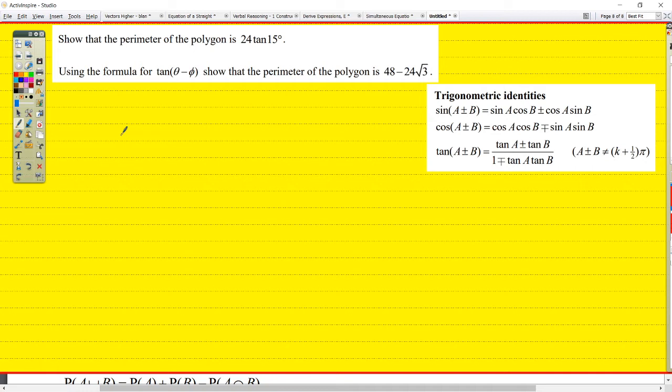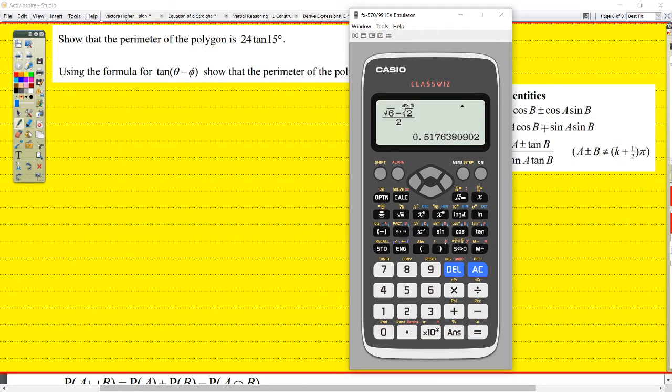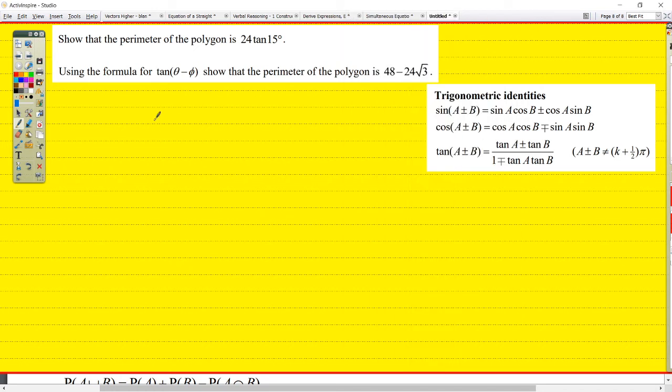You would put in two special angles that have exact values because we need an exact value. So what would give you 15? 60 and 45. Yeah, something like that. So tan 60 minus 45.